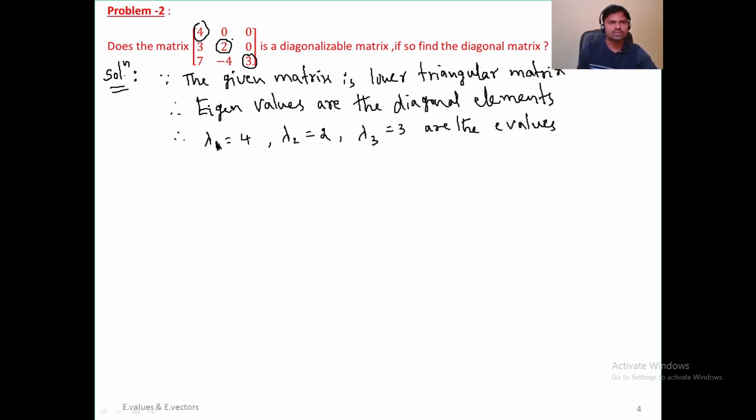For an upper triangular matrix also, diagonal entries are nothing but the eigenvalues. So now, what is our question?